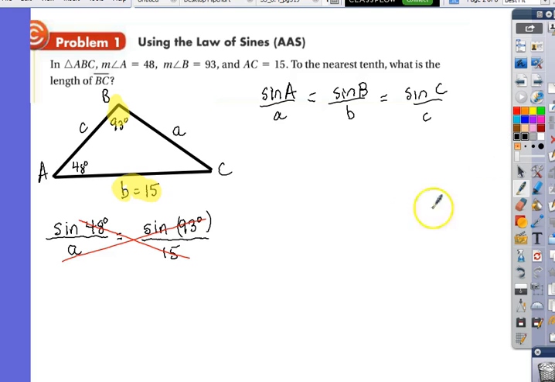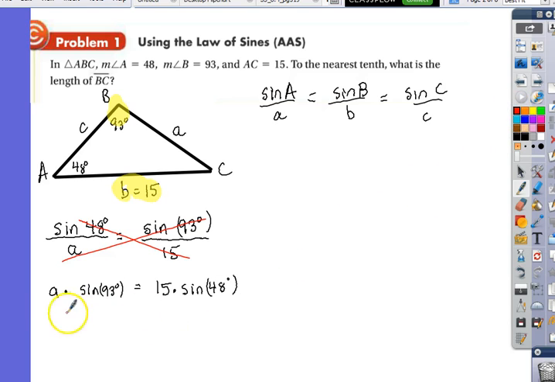All right, so when I cross multiply, here's what I get. I get a times sine 93 degrees is equal to 15 times sine 48 degrees. What do I need to do to isolate a?